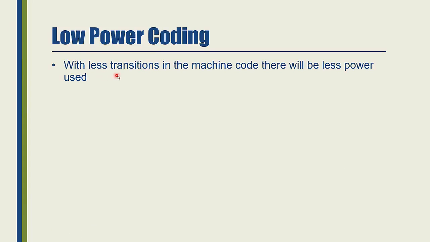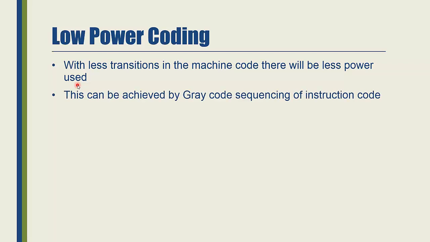With fewer transitions in the machine code, there will be less power used, because the change in the register that keeps the instruction is the moment where the registers or the memory absorb power. To reduce the number of changes from one instruction to the next one, we can use Gray code sequencing.